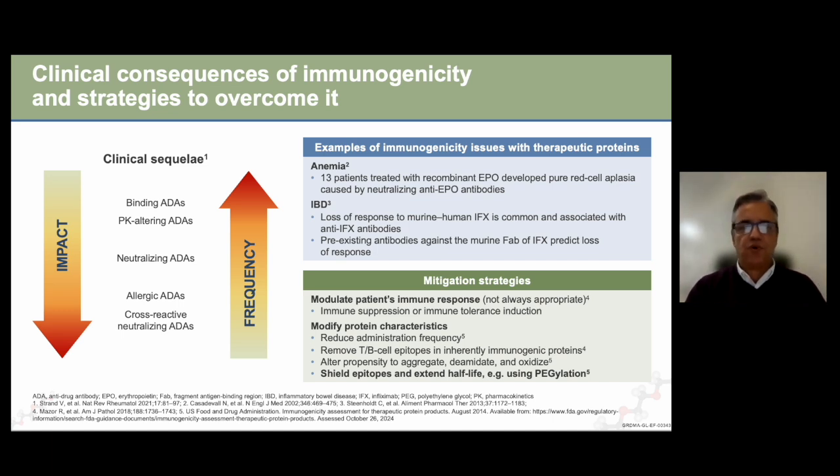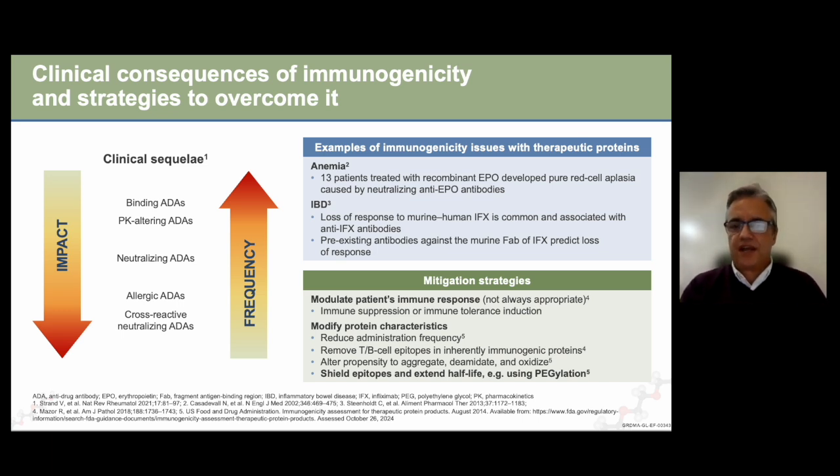So we have more binding antibodies or PK-altering antibodies. Then we can have neutralizing antibodies, but really the most impact is when you have allergic ADAs or cross-reactive neutralizing ADAs.